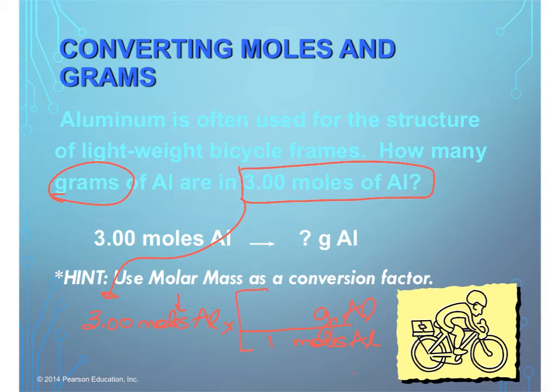So now you just have to remember that anytime you're converting between grams and moles, as we are here, the number you're looking for that has units of grams is the molar mass in the periodic table. So now we're just going to look at the periodic table. We are going to find the molar mass of aluminum, and that is going to go right here.